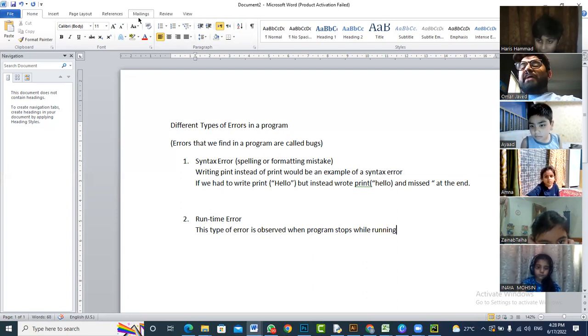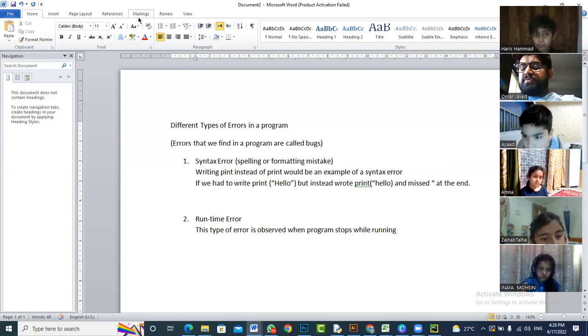But if you made a mistake where the program starts running but stops after it has started running, that would be an example of a runtime error.